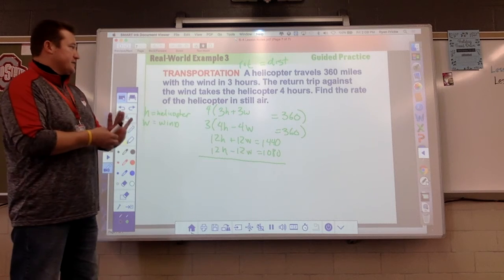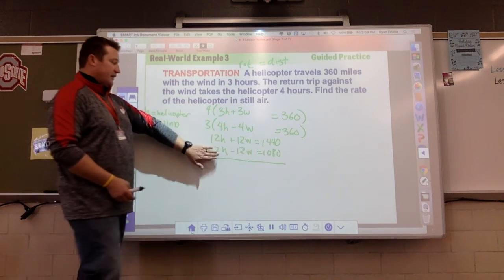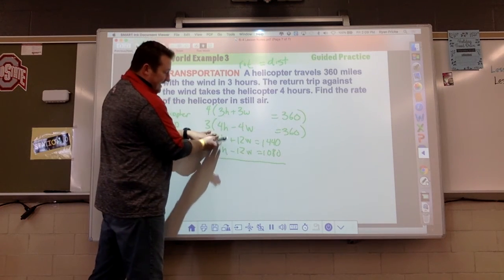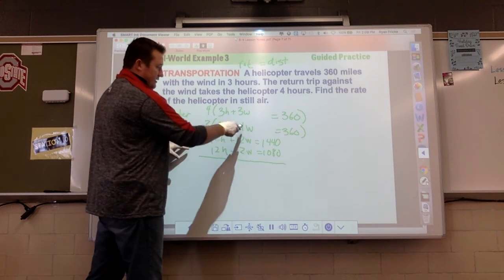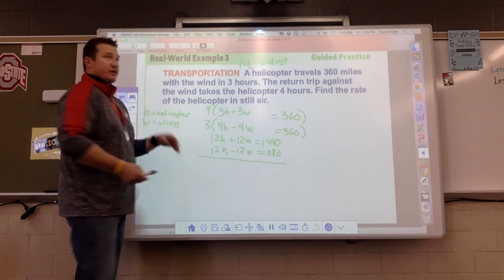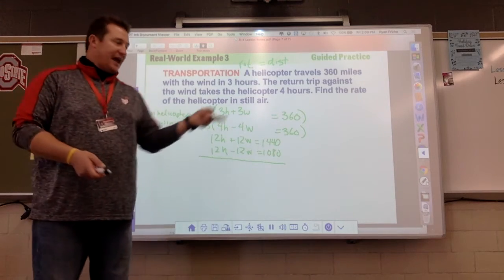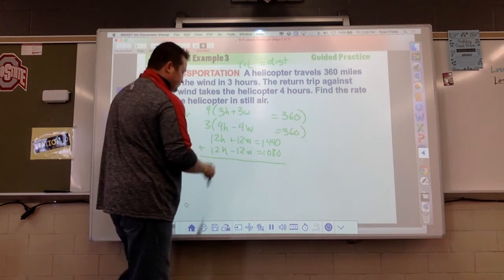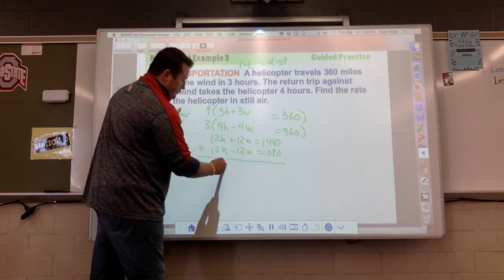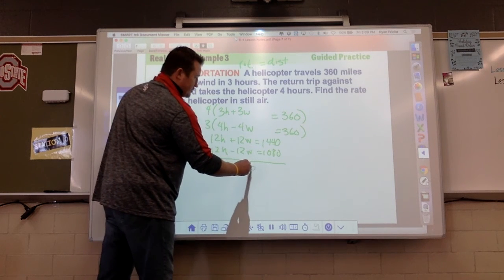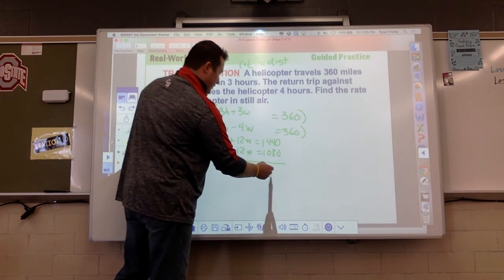Hopefully you guys understand this. So find the rate of the helicopter in still air. So I want to leave h and eliminate w. So they are opposite coefficients. So same subtract, opposite add. We will add here. Okay? So 12h plus 12h is 24h. And we got to add all this up. Let's see.